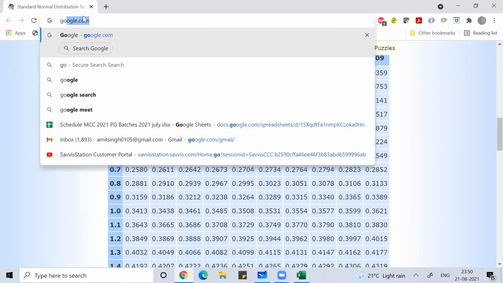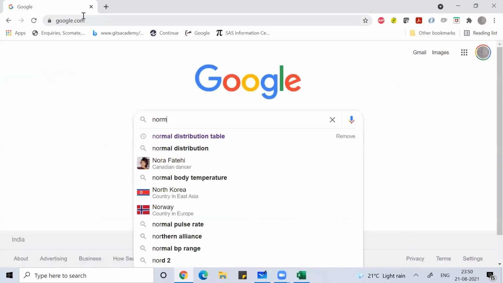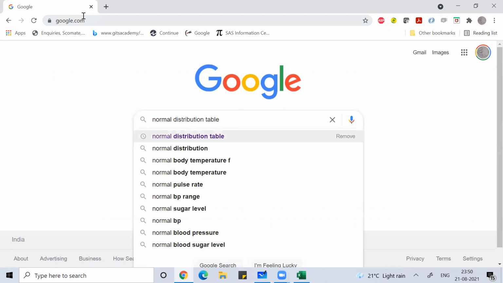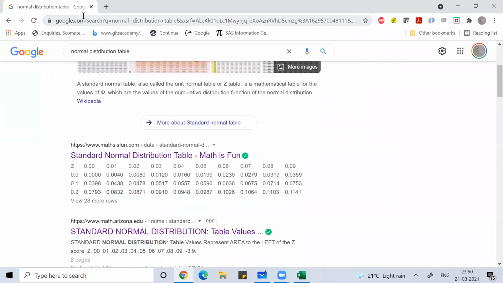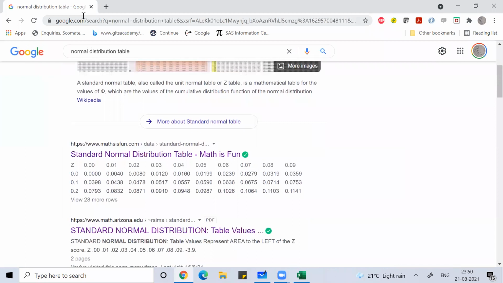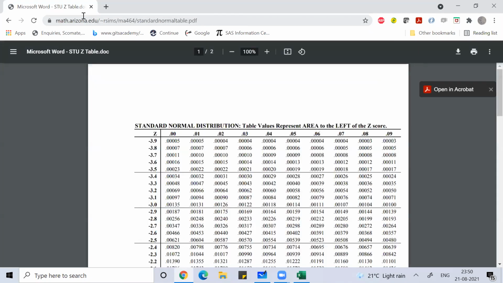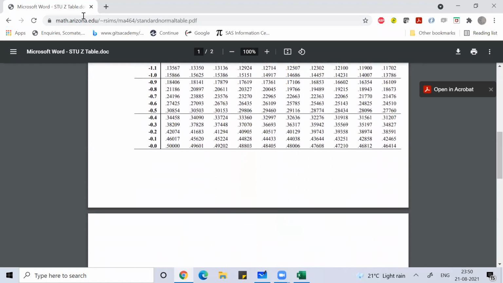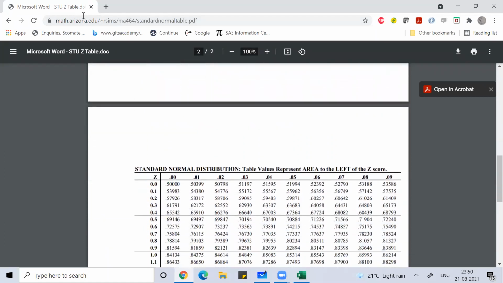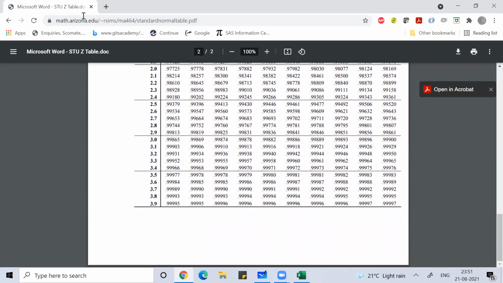If I Google normal distribution table, till 3.9 it is given.